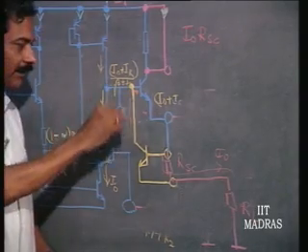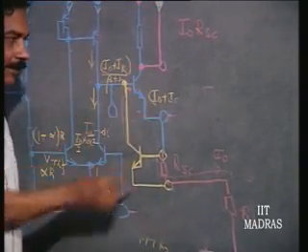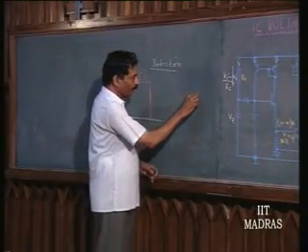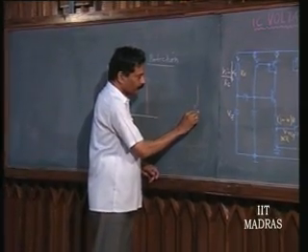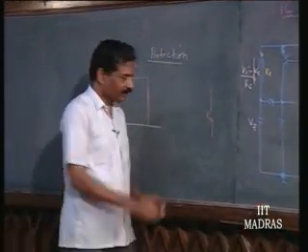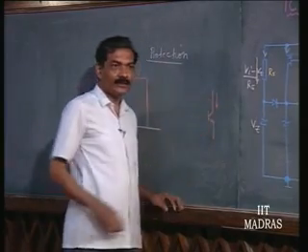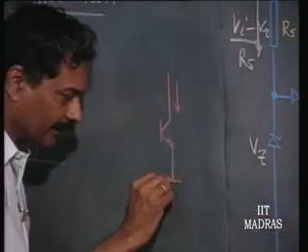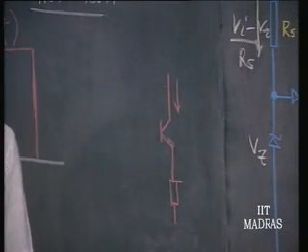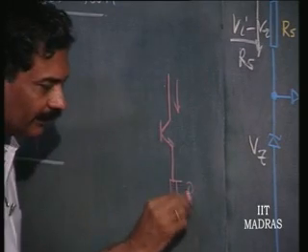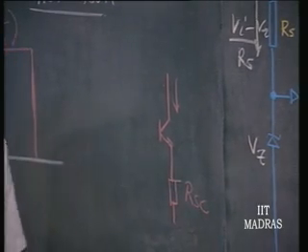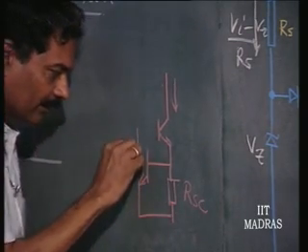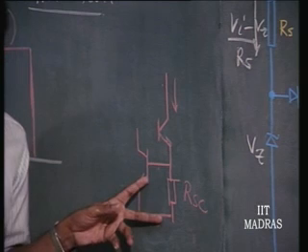So, you can see that this scheme, if I just draw it separately, we will understand it better. You have the original transistor, and this current is going on increasing. So, I sense this current, please understand this, I sense this current using RSC, and then I obtain this as a voltage.